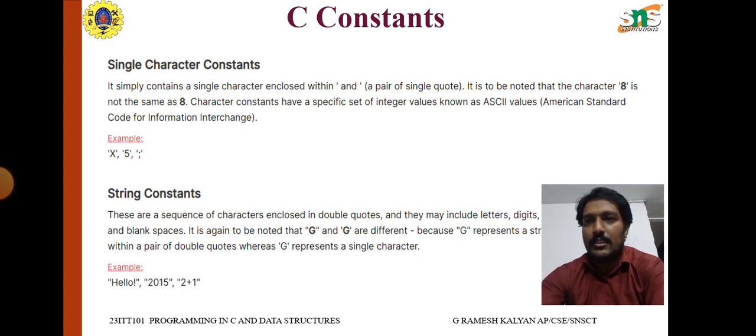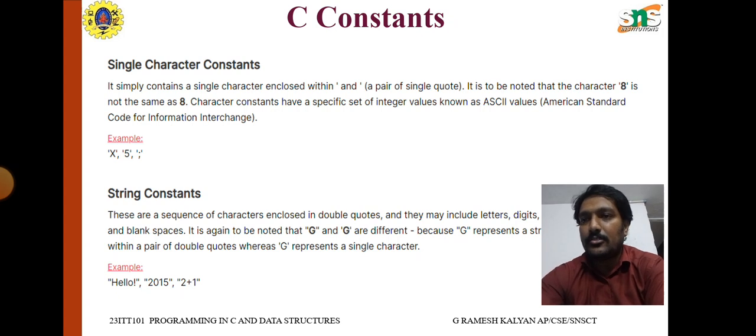Character constants have a specific set of integer values known as ASCII values, that is American Standard Code for Information Interchange. Examples are 'x' and 'y', declared inside quotes.